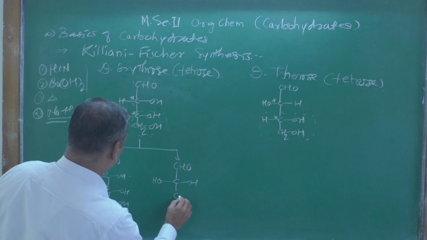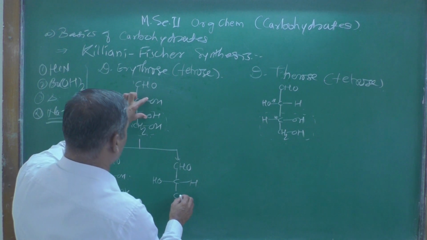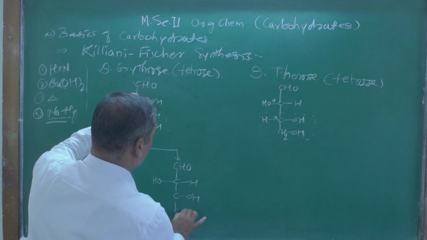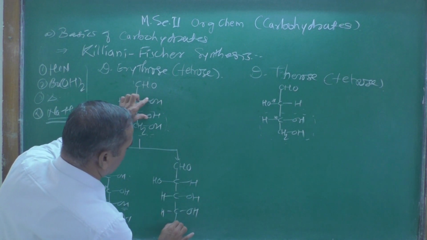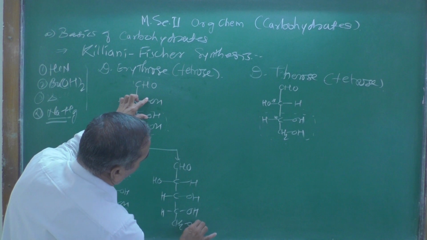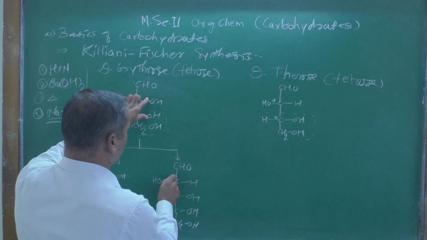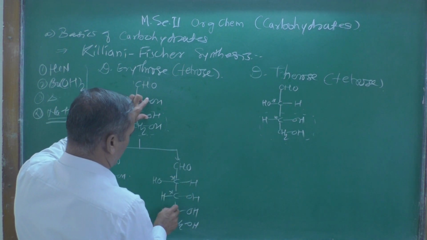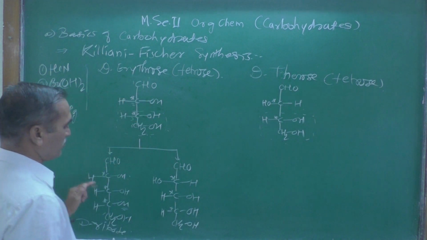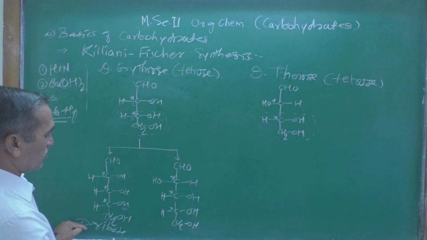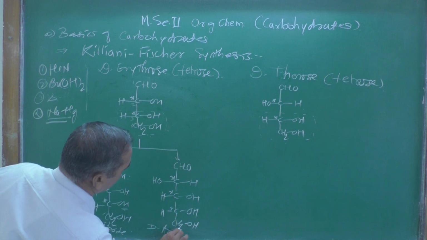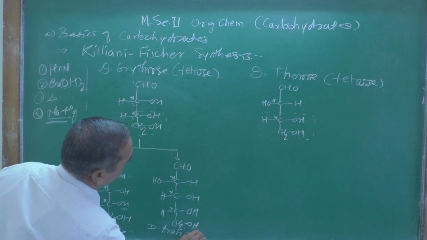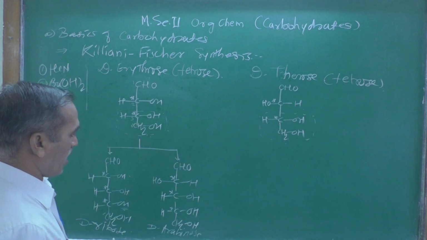Then the rest of the thing, OH and this carbon OH, remains as it is, then CH2OH. There are again 3 chiral centers, but if you see, this is D-ribose, and this is D-arabinose. This is the structure of D-arabinose.